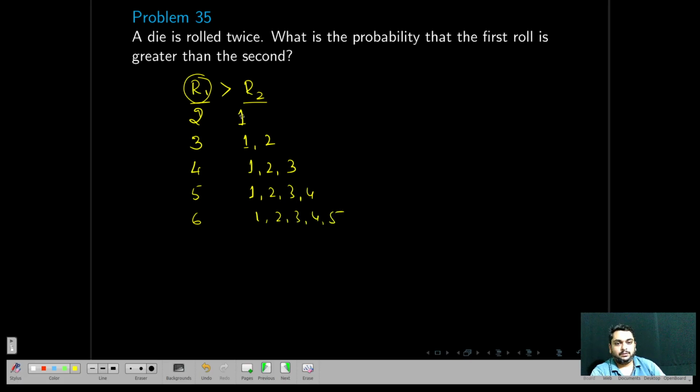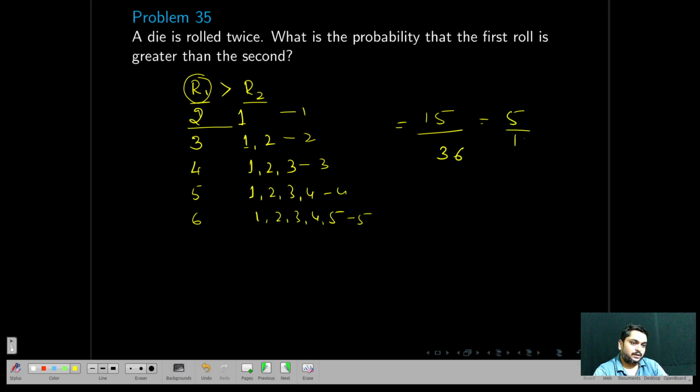Okay, so how many total counts are there? This is 1, then 2, 3, 4 and 5. So add them: 1 plus 2 is 3, 3 plus 3 is 6, 10, 15. So 15 combinations satisfy this out of 36, that is 6 square. So it comes out to be 5 by 12.